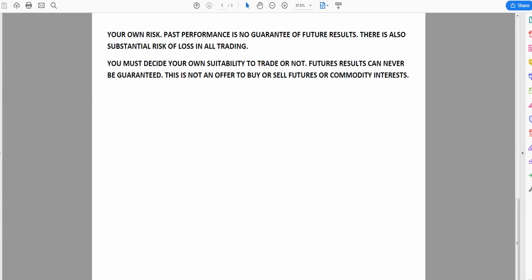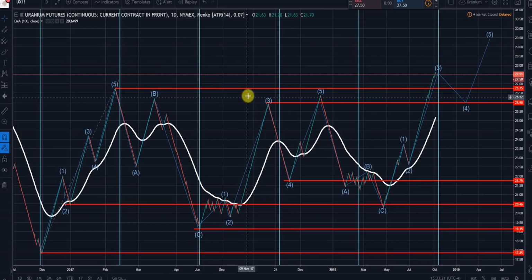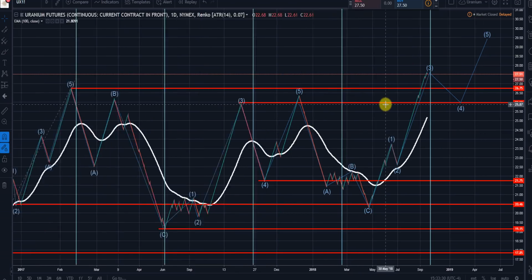Alright guys, I want to get into uranium spot price. As you are aware, this is the futures. I just want to catch up on the futures real quick and show you where we're at. Very bullish. We took out this swing pivot high, which is good, and this one here.